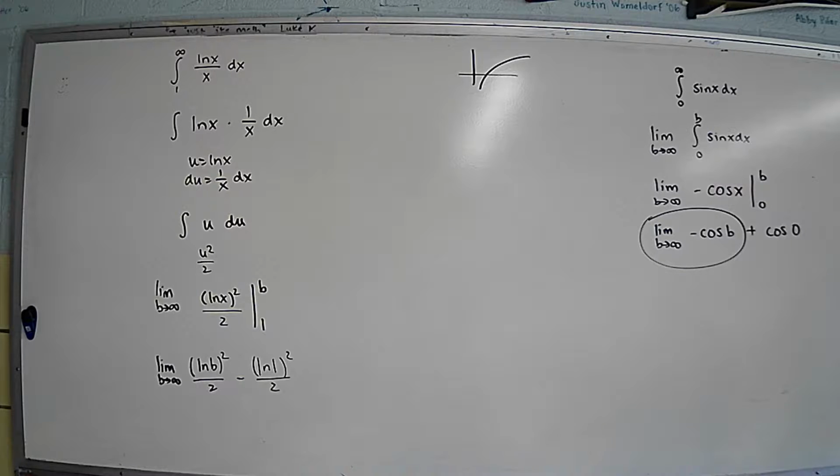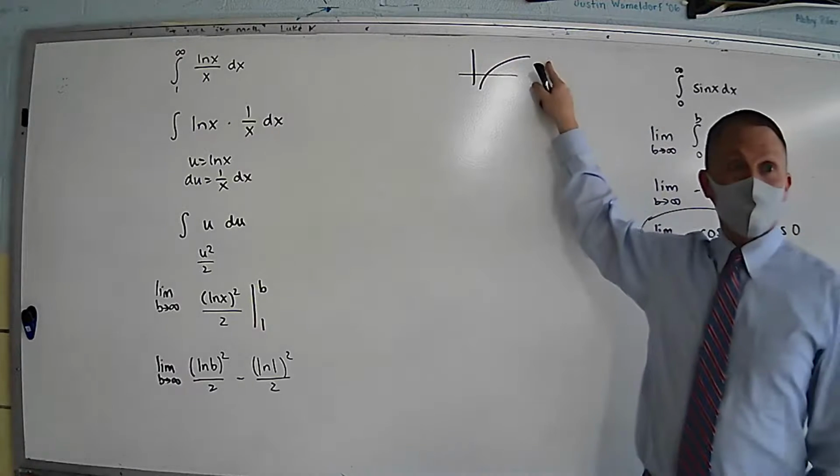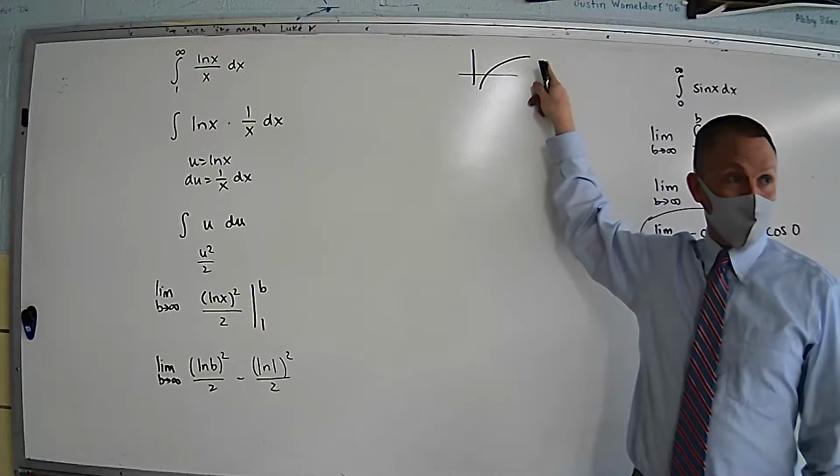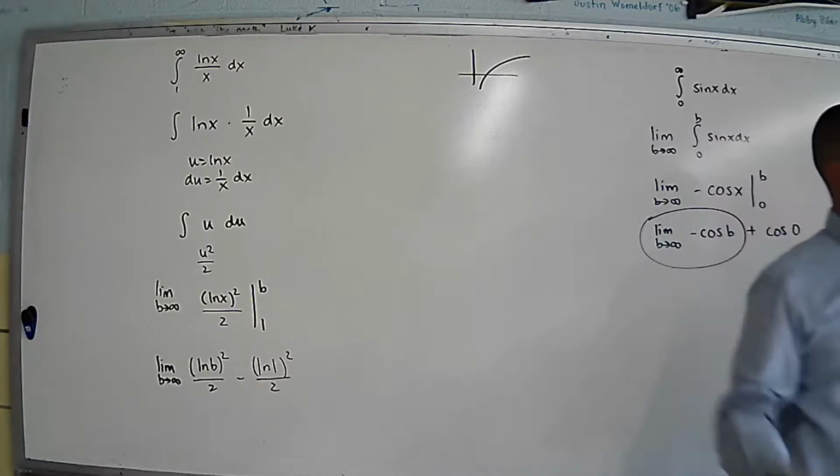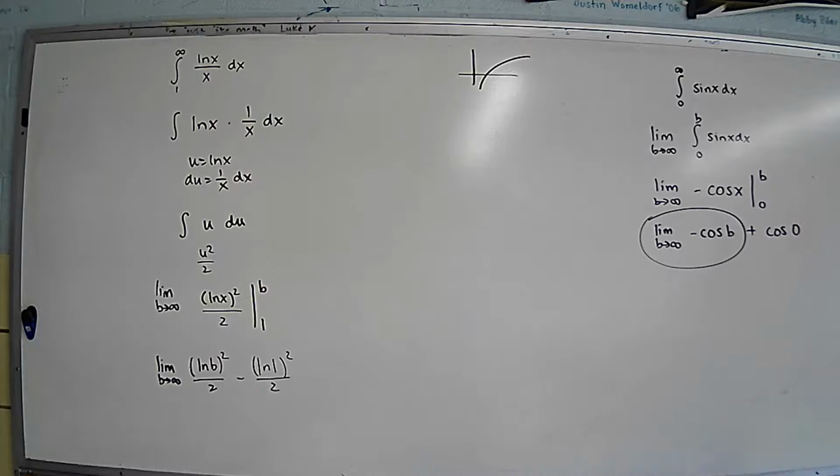What does it mean about that graph? The slope is getting smaller, which means this graph is getting flatter, right? This graph is flattening out, but it's still increasing. It never gets flat.